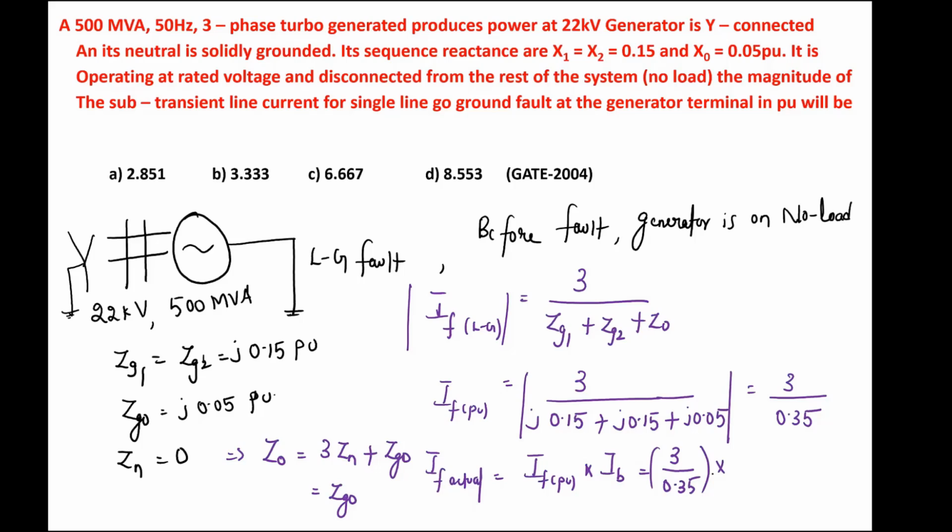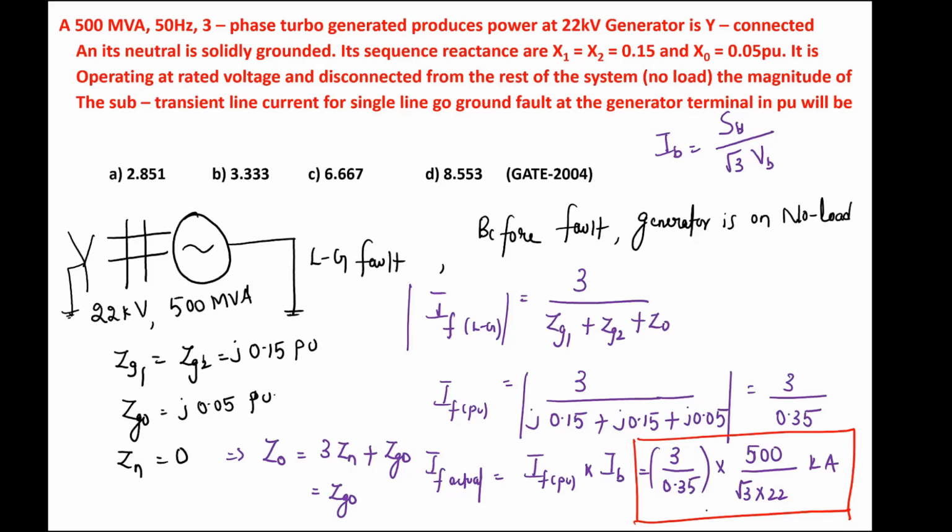Base current is given by IB equals S base divided by root 3 V base. Since we have only machine ratings, we substitute them: 500 MVA divided by root 3 into 22 kV, so many kiloamperes. The fault current that flows immediately after is 8.57 per unit, so this is the right option.